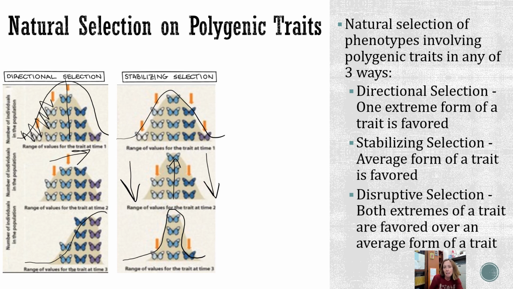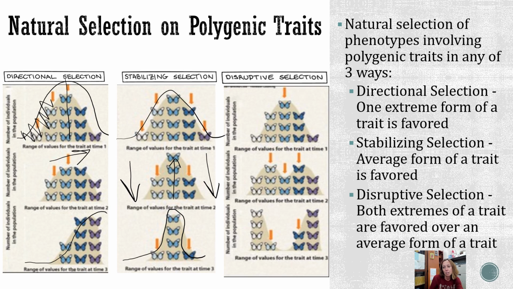And then the last one is disruptive selection. Disruptive selection is when both extremes are better. So here's our graph, right? Both sides, this side is good and this side is good. So the middle goes down, and these two are selected against. This would be like if you had light trees in one area and dark rocks in another.